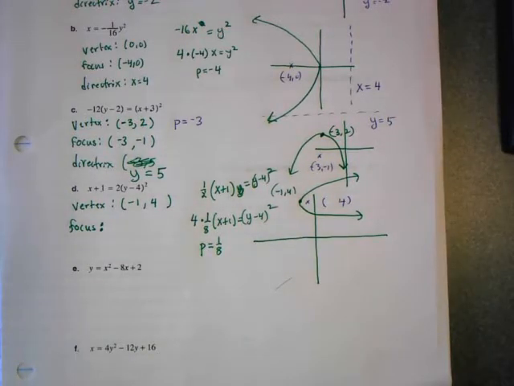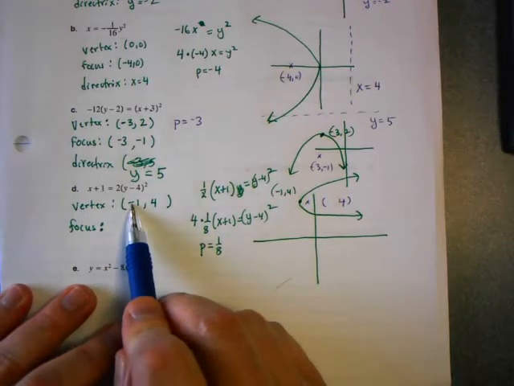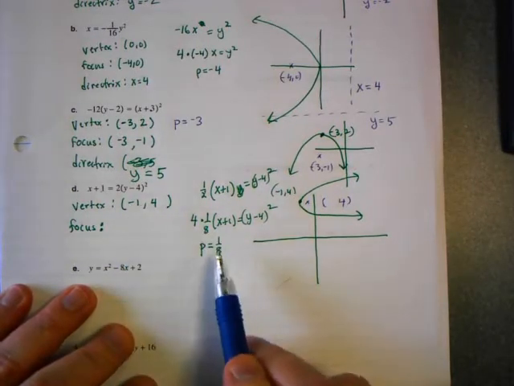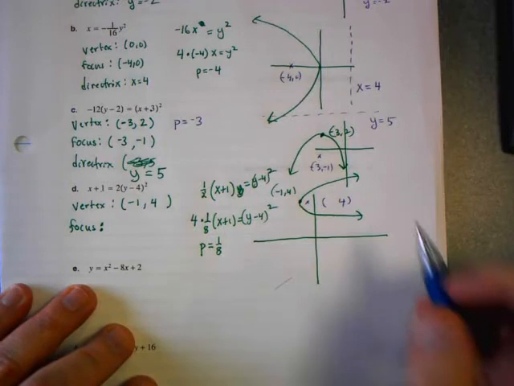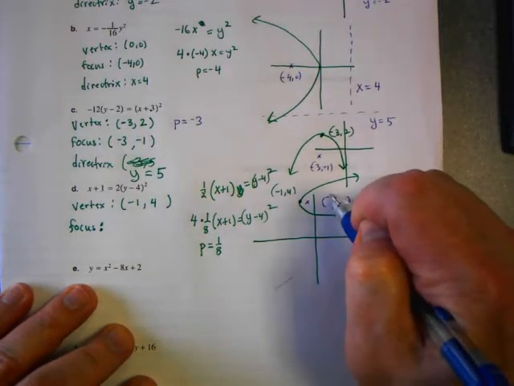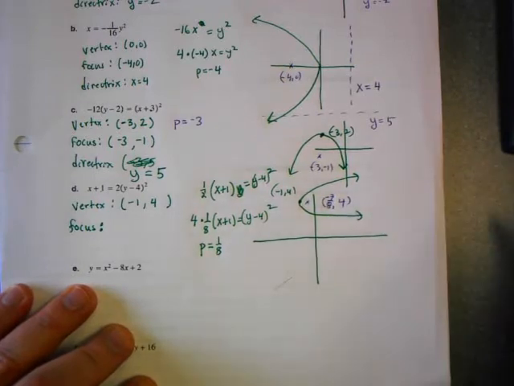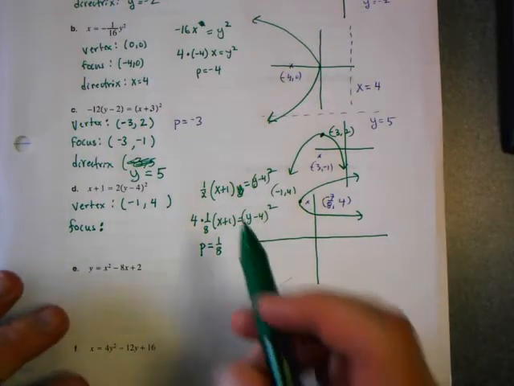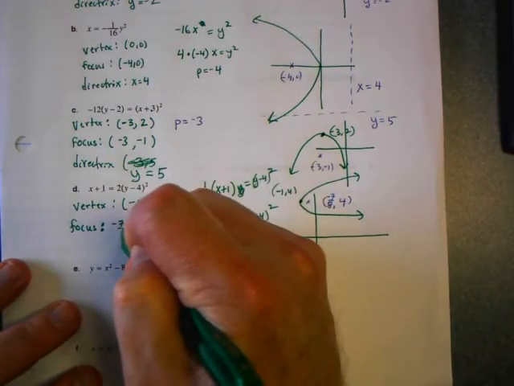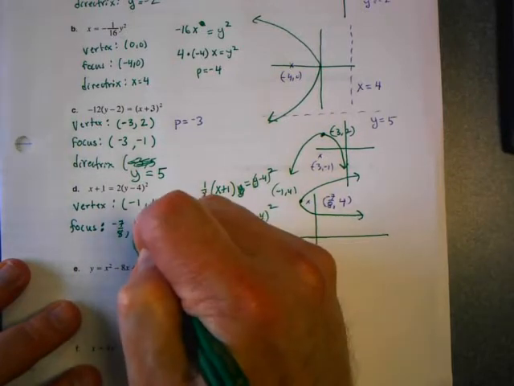My x value is changing. So I need to take -1 and add 1/8. What's -1 plus 1/8? -7/8. You gave me 1 plus 1/8. It's -1 plus 1/8. All right, so our focus is -7/8, comma 4.